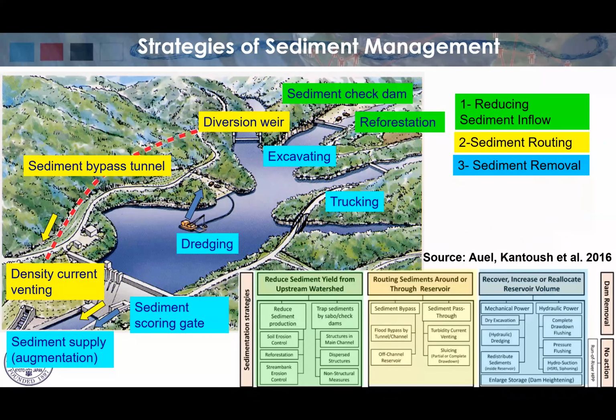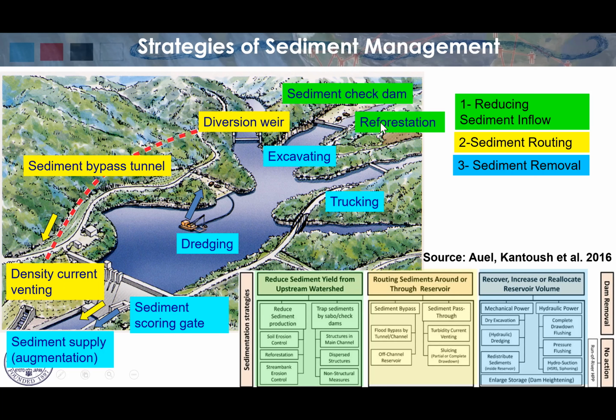So in Japan, we have many options. We are working on that, and we are doing much research in my group. We have three options: either to reduce the sediment coming in from the mountain, generated by rainfall, or what we call sediment routing.